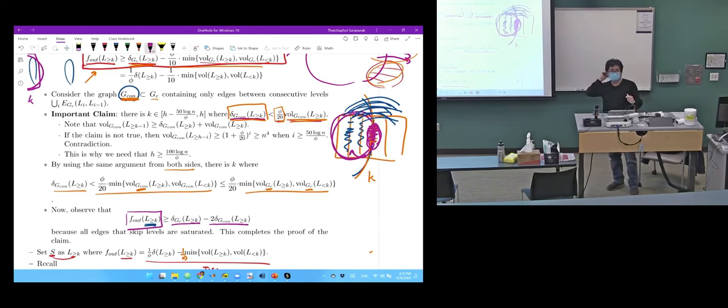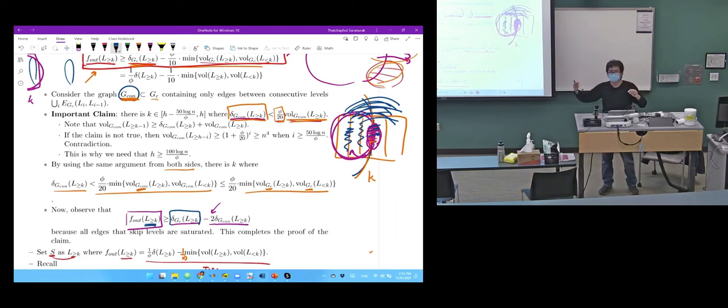Make sense? Why is there a factor 2 here? Because this thing counts each edge which is from a consecutive level in one direction, but the flow might go in the opposite direction, right?